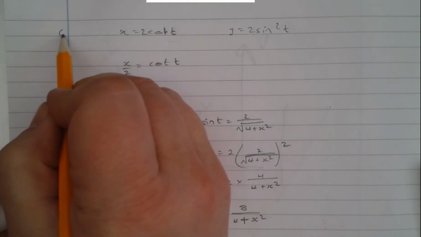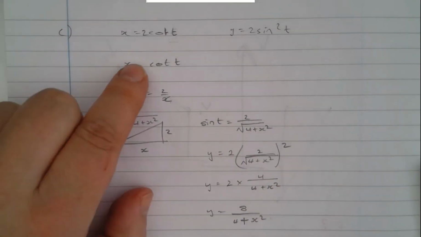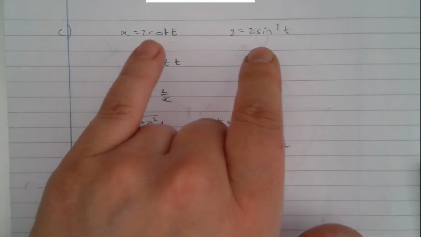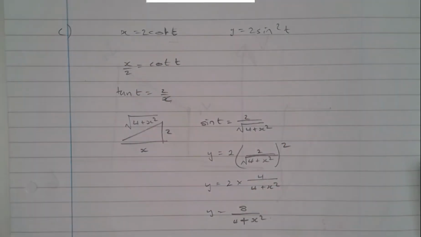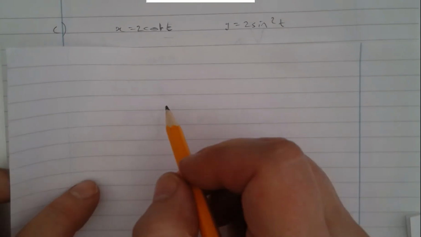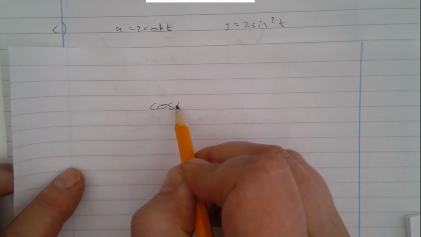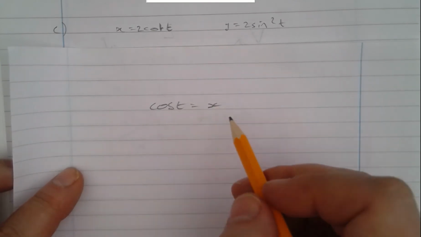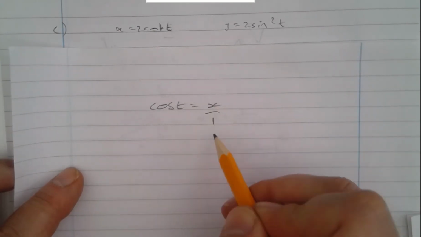Now in part C, you can see that I've got these 2 functions, and I've got to attach them together. As I've said to you before, as soon as someone tells me what cos t is, I can make this into a fraction.